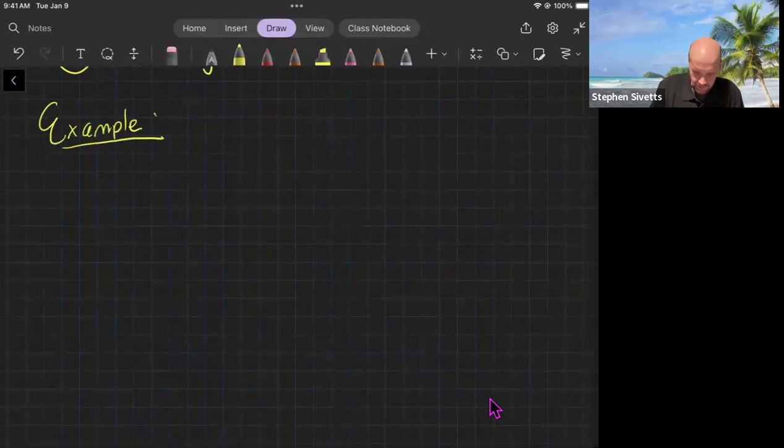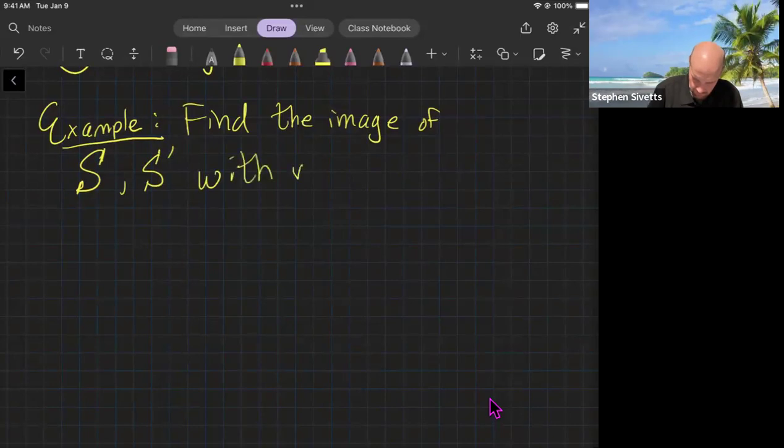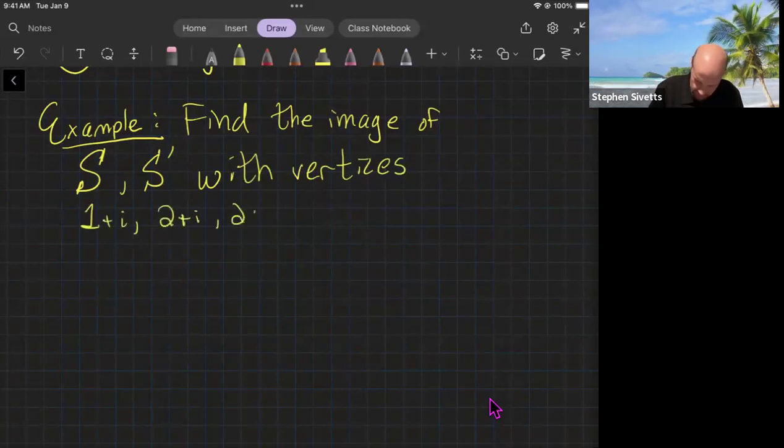So we want to find the image of S, which we'll call S prime. S has vertices 1 plus i, 2 plus i, 2 plus 2i, and 1 plus 2i. Okay.